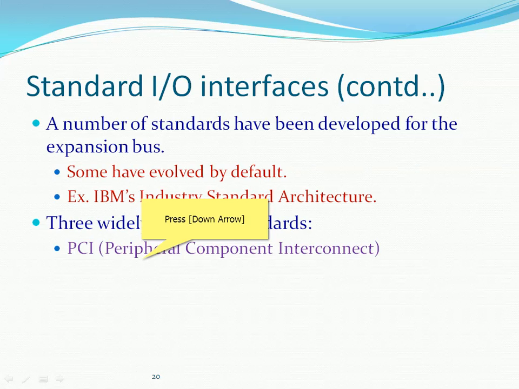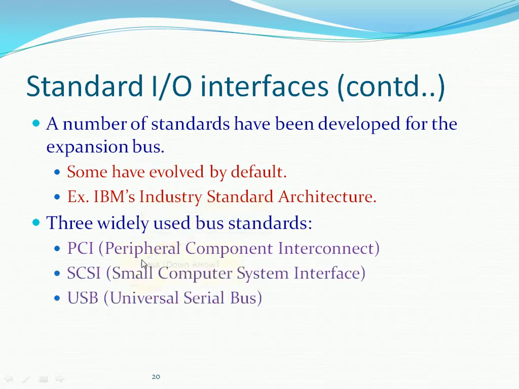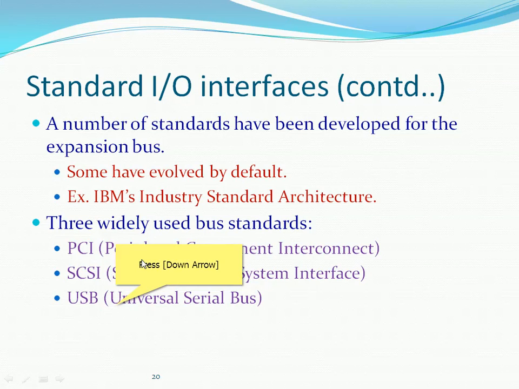The other one is SCSI, Small Computer System Interface. The next one is USB, Universal Serial Bus. These are very well known and popular. Most of the industry and most manufacturers of systems are beneficiaries of this, so the usage is going to be huge.